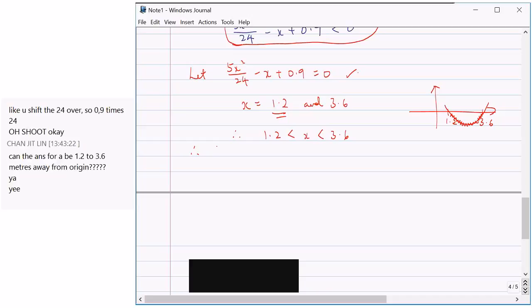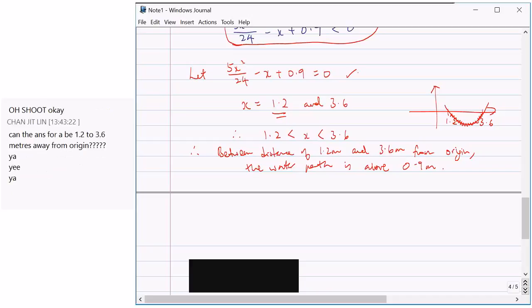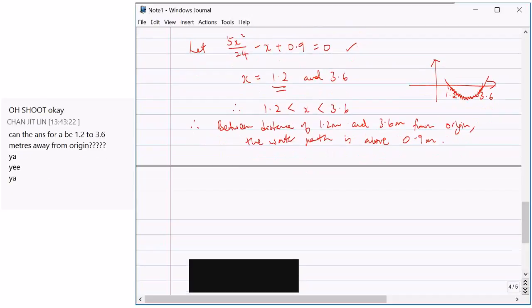So if you want to say what Jit says, it's even better: for the distance between 1.2 meter and 3.6 meter from origin, the water path is above 0.9 meter. That's what you mean, right, Jit? To write it in words, yeah, even better. That shows that you understand what you're calculating.